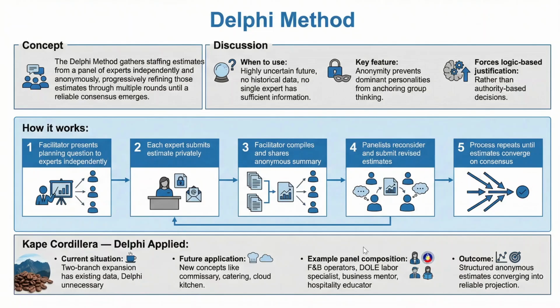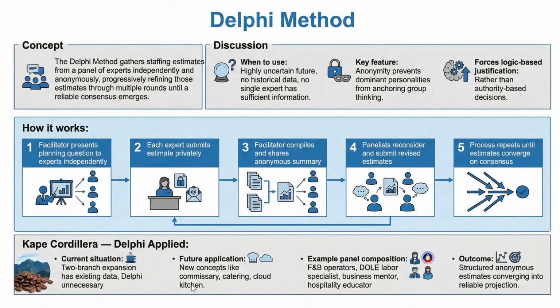Kasi hindi naman natin masyadong gagamitin itong Delphi method because most organizations have their own historical data to rely on. But if not, kapag wala tayong historical data to rely on, Delphi gathers and refines expert judgment anonymously, turning collective wisdom into a reliable forecast. Okay?